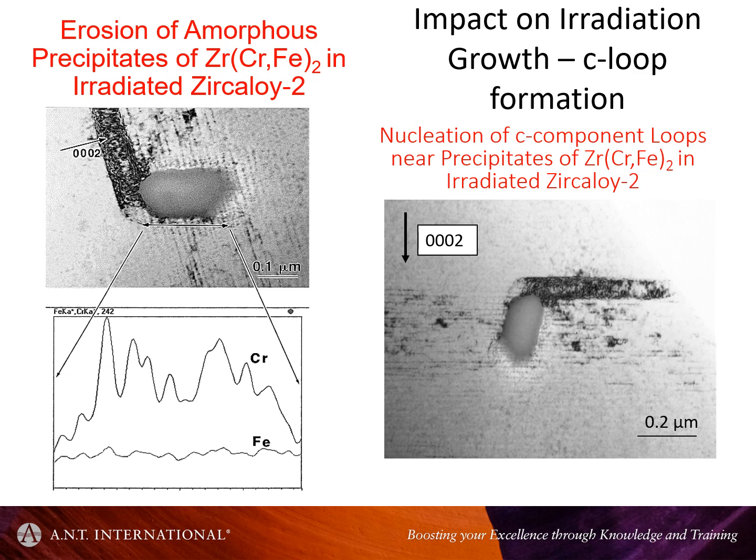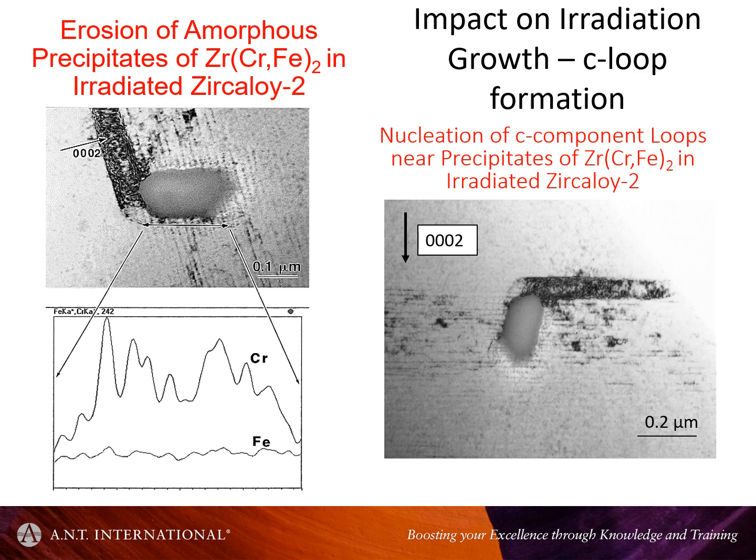So one of the observations I had way back in the early 90s was that if we looked at one of these zirconium iron precipitates and did a scan outside of the precipitate, one could see variations in the impurities, showing that the material coming from the precipitate was being preferentially eroded in certain layers, and these were parallel with the basal plane.